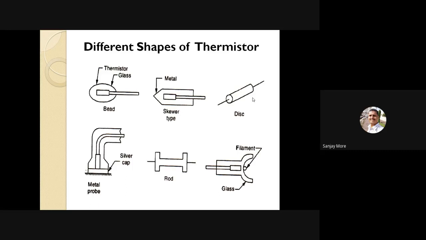Completed. These are the different shapes of thermistors used to measure the temperature.